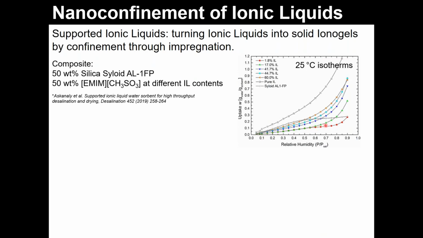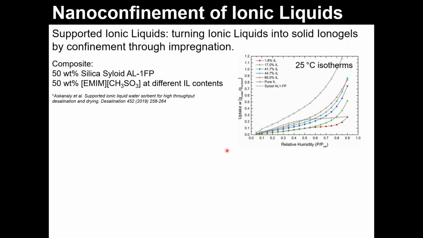And we start to see an advantage above 70% relative humidity in the high relative humidity region, and this advantage increases if we impregnate more and more ionic liquid into the matrix.